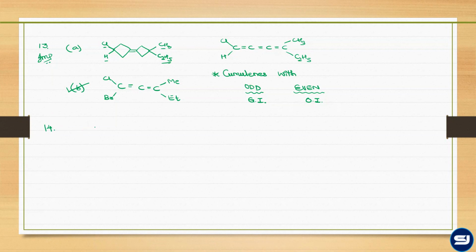14th. Which of the following molecules have 2R and 3Z configuration? 2R and 3Z. Now first, just by looking at the structures, you can rule out a few options. Can you tell me which options are ruled out over here?